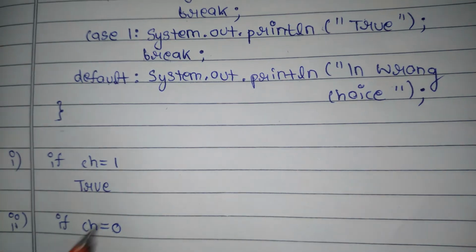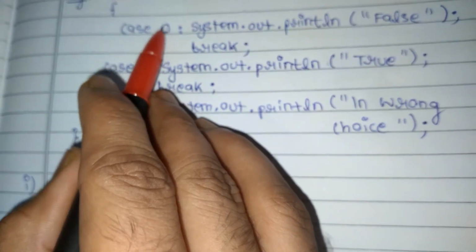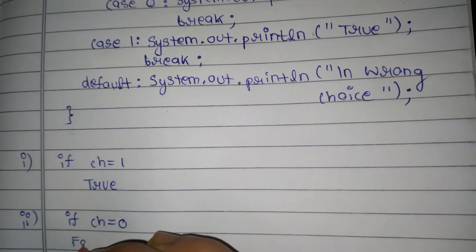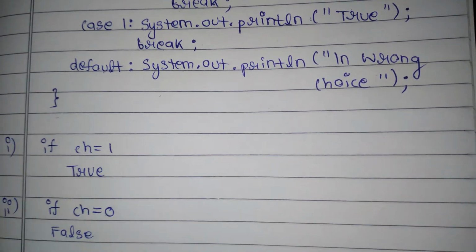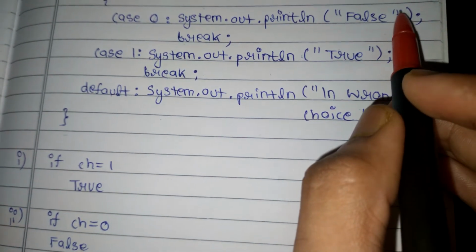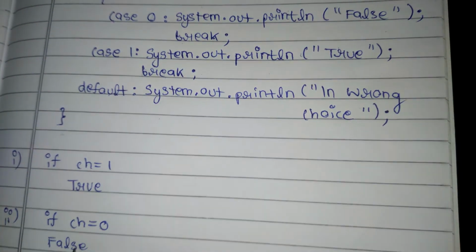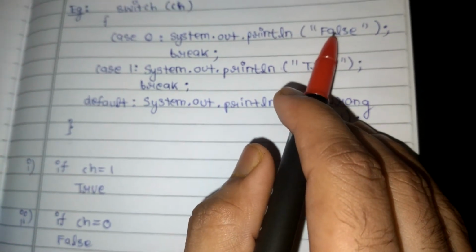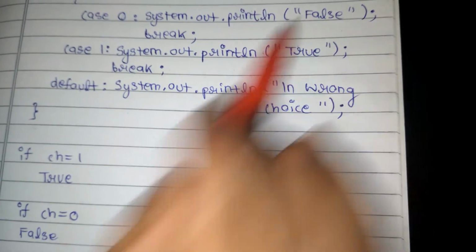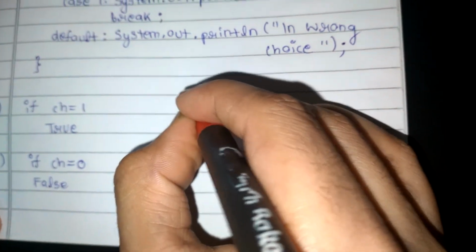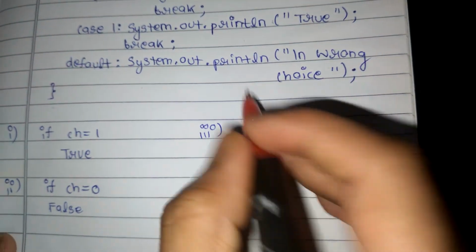Suppose ch is equal to 0. Then in the first case only it will match, and the output would be false. Remember that the statement you have given in these quotation marks is what will be printed. If I give 0 in place of false, then 0 will be printed. Then for the third case, I am writing here so you can understand.